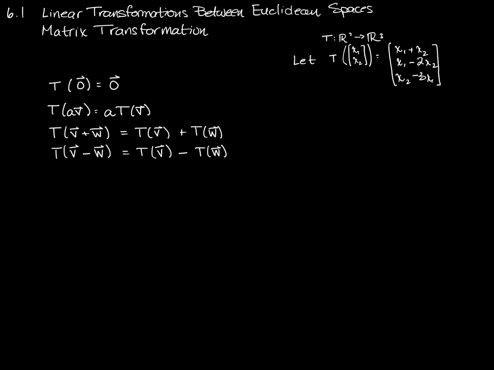But if the components of the vector are both 0 to start with, then here I'm going to get 0 plus 0, 0 minus 2 times 0, and 0 minus 3 times 0, which is 0, right? So that's just an example. It's not a proof, but I hope that helps you make sense of the idea here. If the input vector is all zeros in a linear transformation, then the output vector is also all zeros. Every component is a 0.